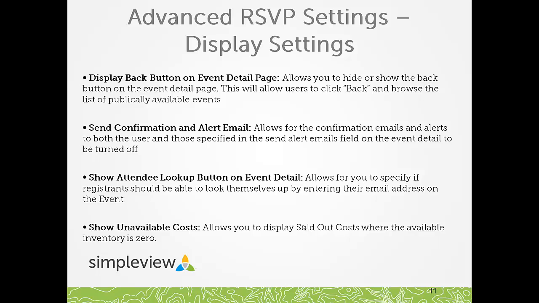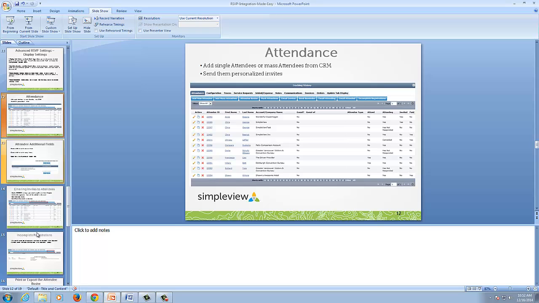You may want to show that cost with an available number of 0 so people see that it was at one point an option, or you may want to say no, where once you're out of that, they don't even see that it was an option to even purchase. So that's pretty much all the advanced stuff.